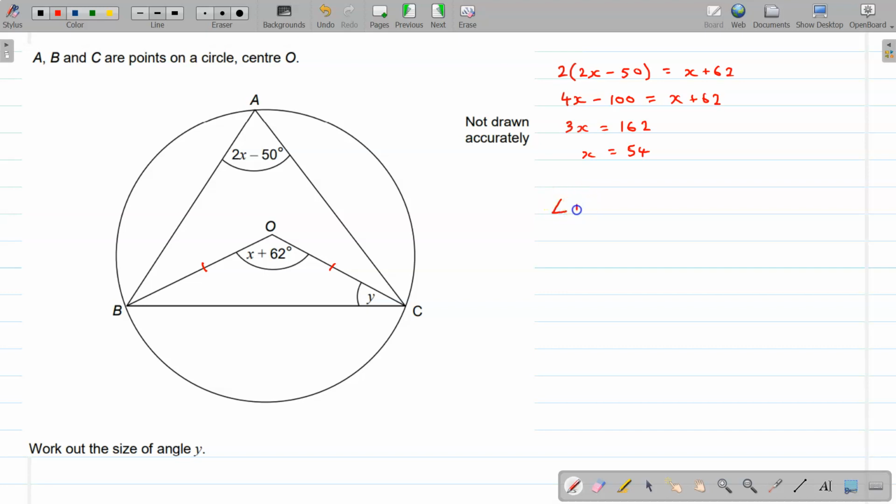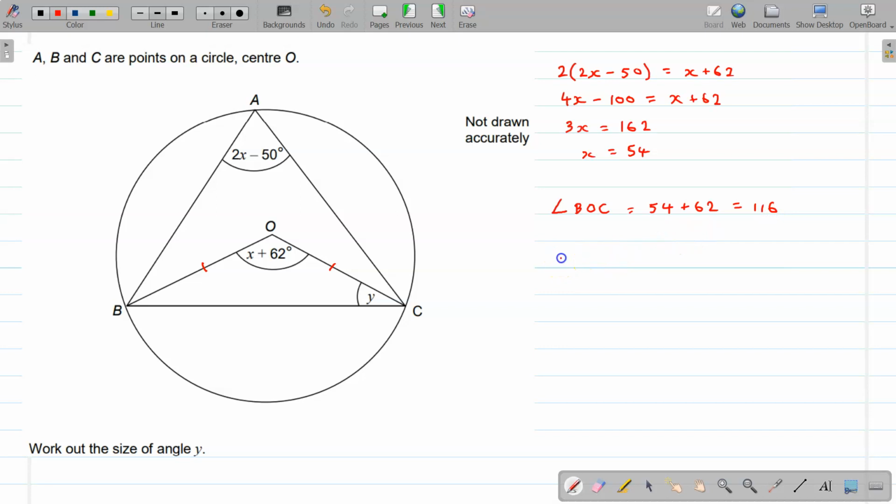So angle BOC is going to be x, which is 54, plus 62, which is 116.